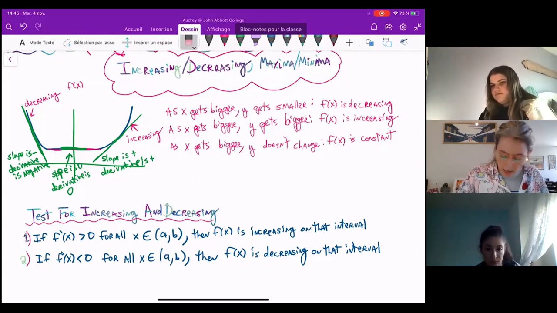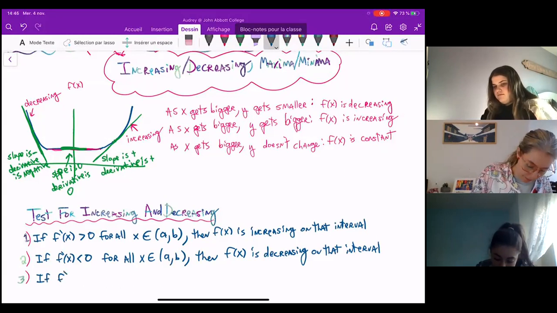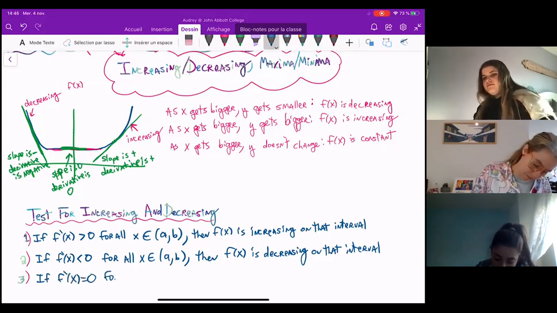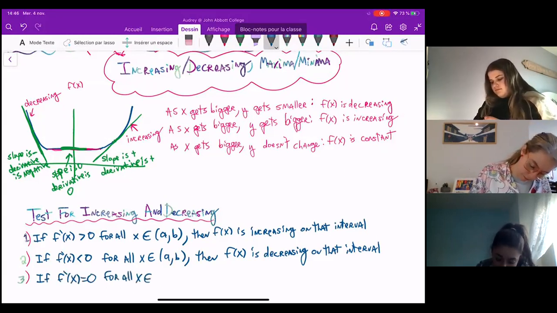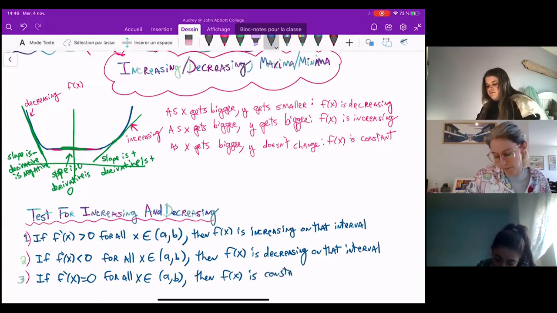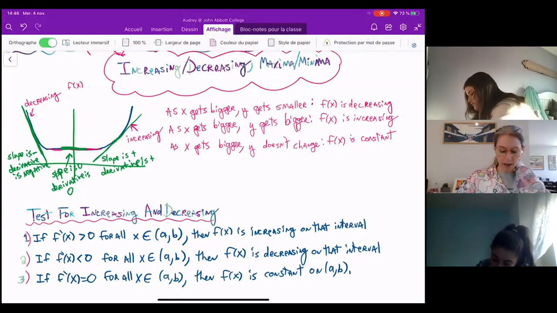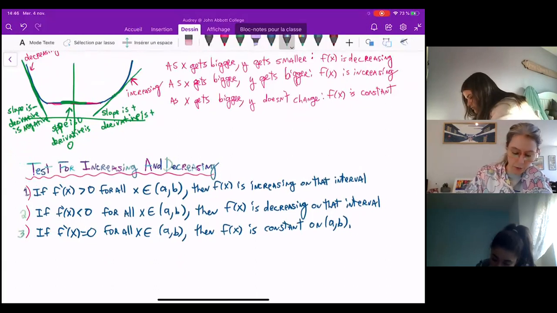And then the last thing is that if it equals 0 on an interval, then f of x is constant. And this is my test for increasing and decreasing.